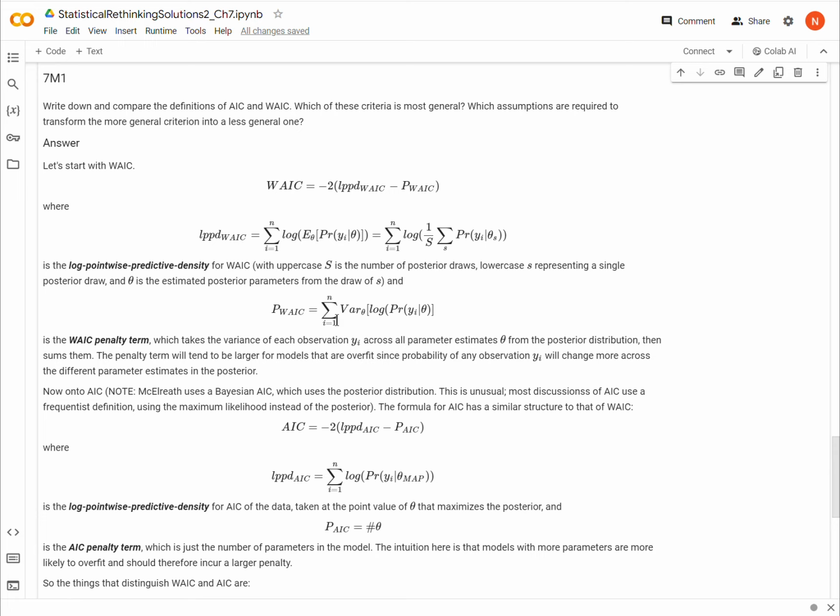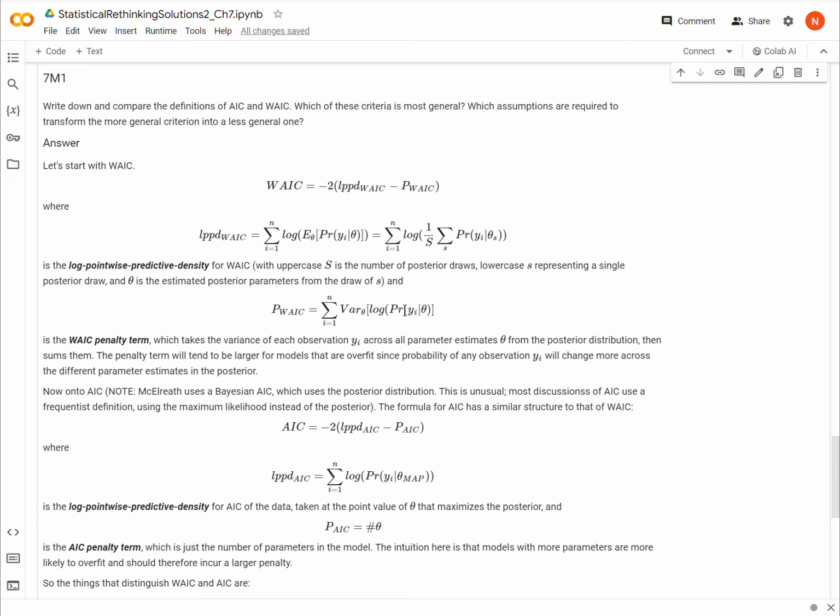And now the penalty term is given here. So again, we take every observation y sub i and its probability given a draw from the posterior distribution. But now as we vary the posterior, or the parameters in the posterior distribution, as we go through different draws for theta values, we are taking the variance of this probability, or the log of this probability. This should make sense.